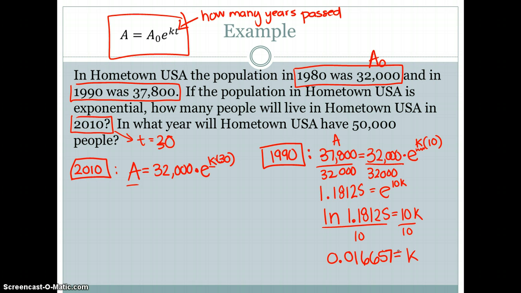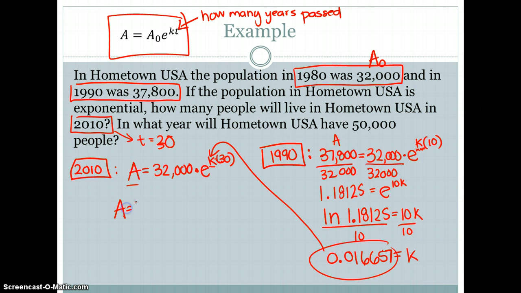You could definitely round it a little bit earlier, but I'm going to use as much of the number as I possibly can. So now that I have that k value, I can use it, assuming that that growth rate stays the same, which might be a stretch. We can now use that k value in our problem to solve.